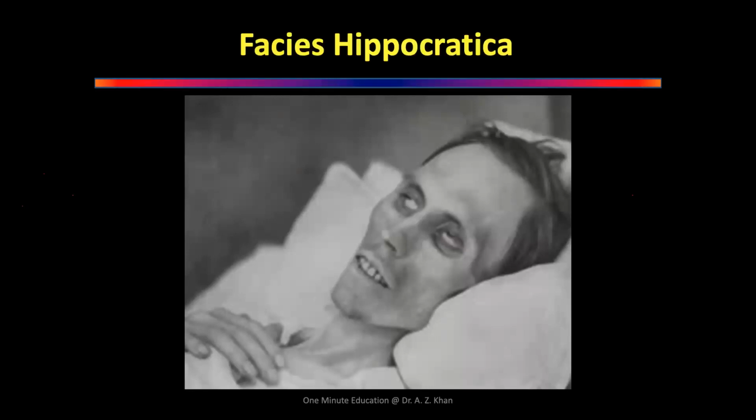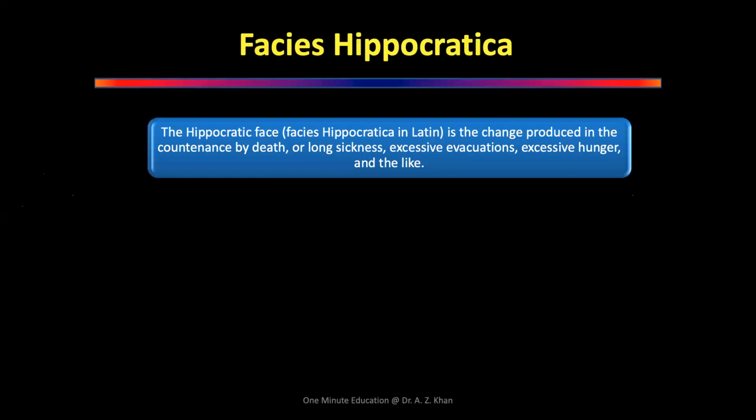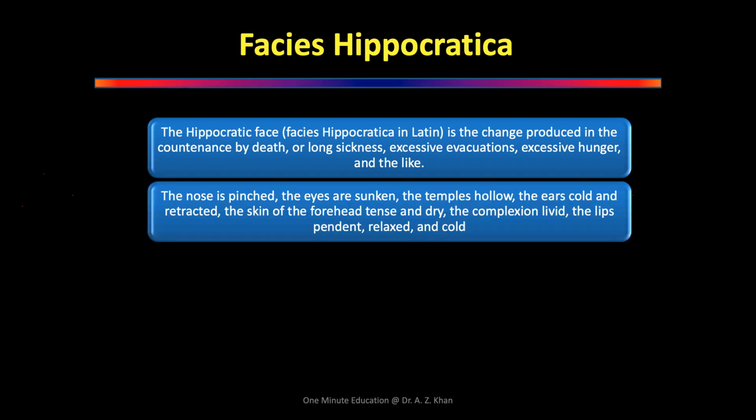This is called facies hypocritica. What does that mean? It's the change produced in countenance by death or long sickness or excessive evacuation, excessive hunger and the like. This is the same thing that you would see in cachexia. So it's terminal cachexia.